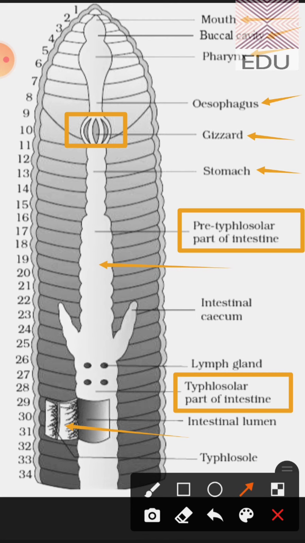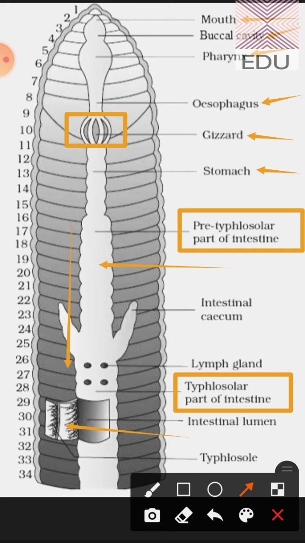If we go with the first, pre-tiflosolar region, it extends from segment number 15 to the 26th segment of the intestine.